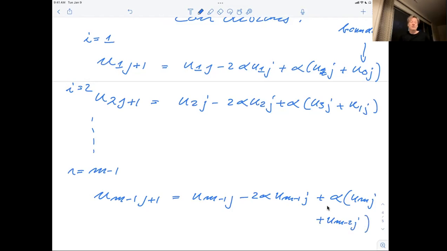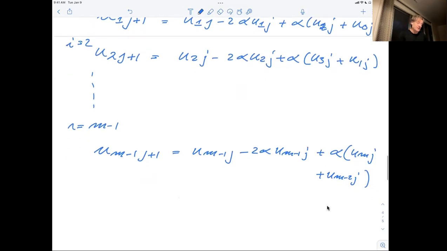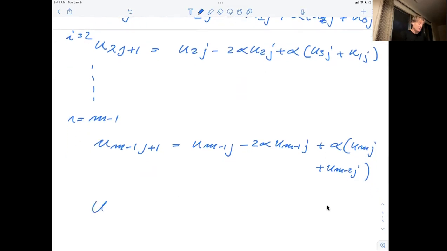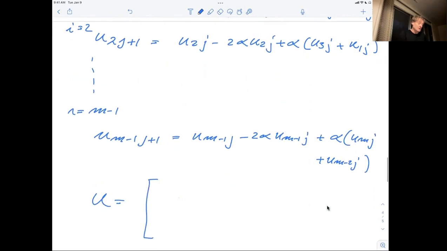And you see now that you can recognize this if we define a vector here. So let's call this a vector u, which is going to contain the unknown quantities. So this would now be a vector, and this is a vector of j plus 1. And this will now contain u of 1 of j plus 1, u of 2 of j plus 1, and all the way down to u of m minus 1 of j plus 1.